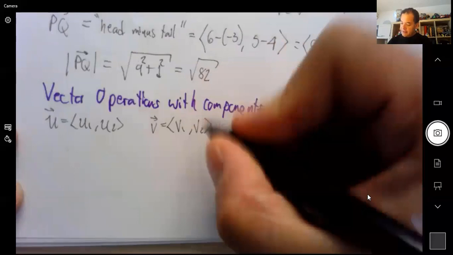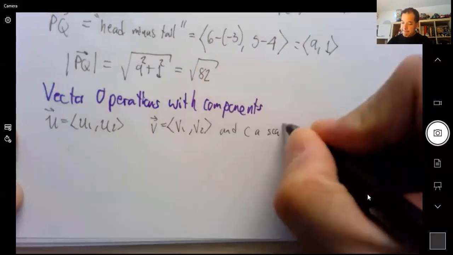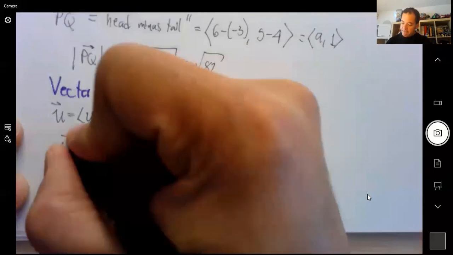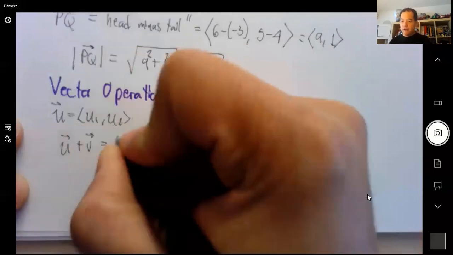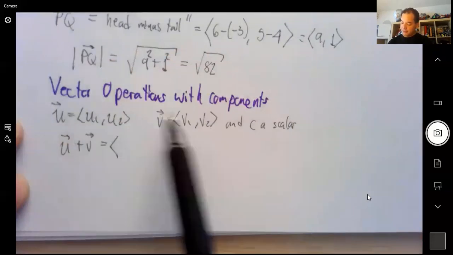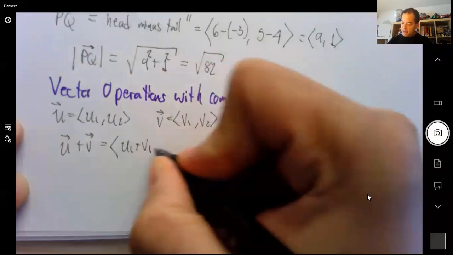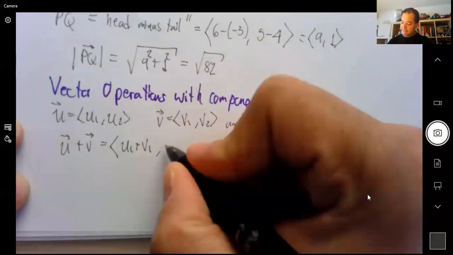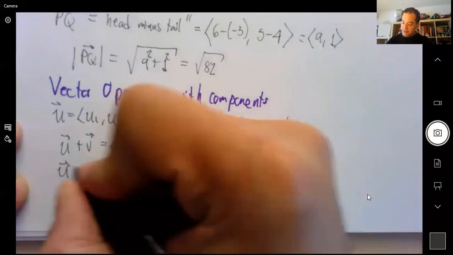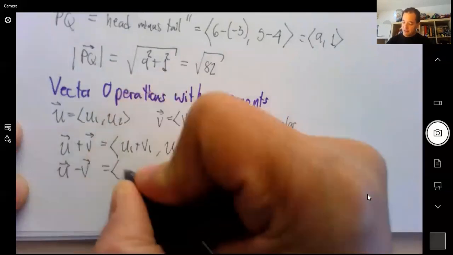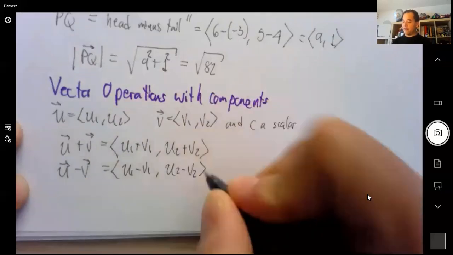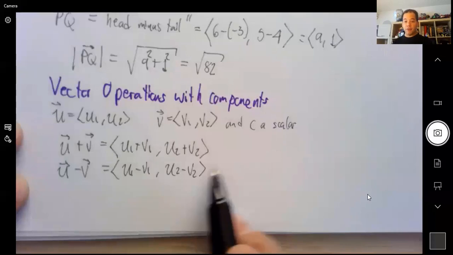And take a scalar. If you want to do u plus v, the only thing you need to do is add the x components and add the y components. Easy, right? If you want to do u minus v, you just subtract the x and y components of v from the x and y components of u.